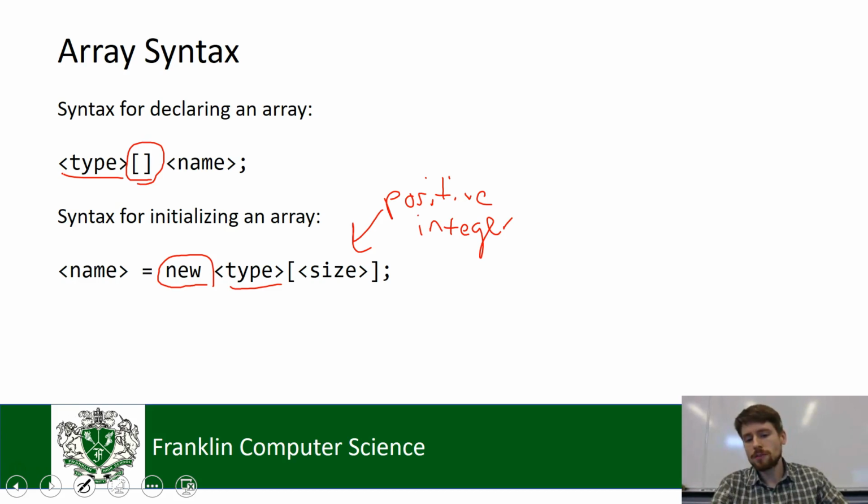So one more thing about the array is once it's been constructed, you can't change its size. It's stuck at that size forever. If you wanted to make a new array that was bigger, say you filled up your array, your list is too big, and you need to add another item on, you actually have to say, okay, make me a bigger array and copy every value from the old one into the new one.